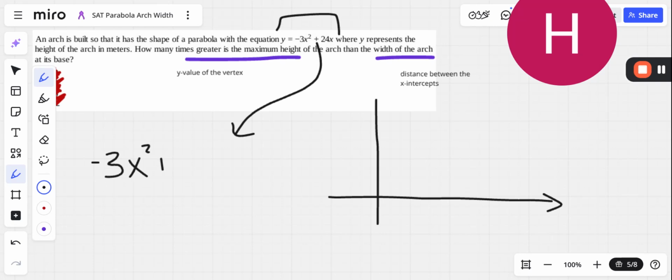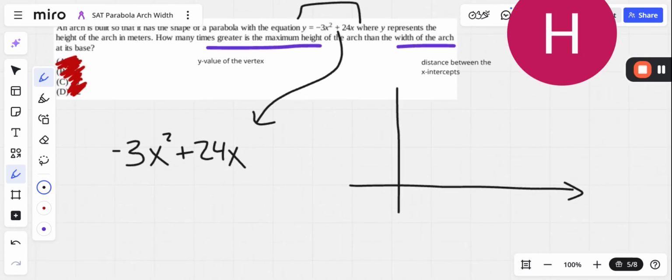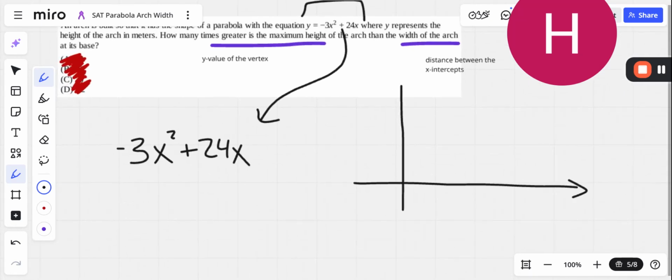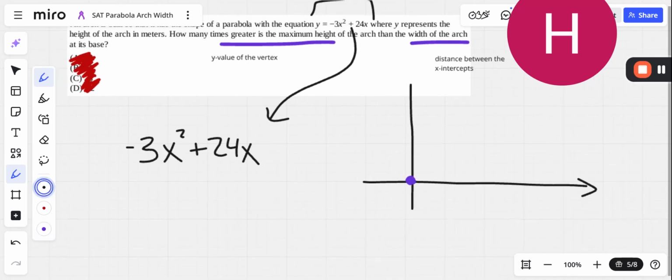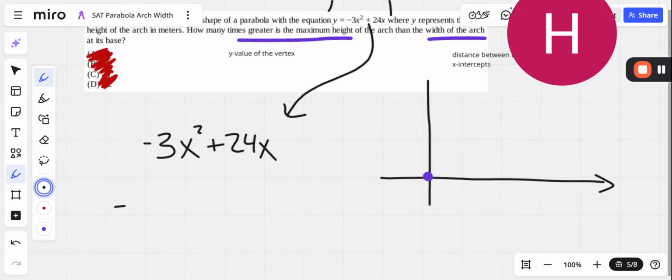So first, let's take a look at this quadratic and let's graph it, which can be done in many different ways. Because there's no y-intercept, I know that the parabola will be touching the origin point. It'll have an x-intercept of 0, and we'll factor to see what else we get here.